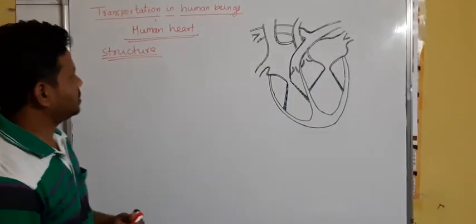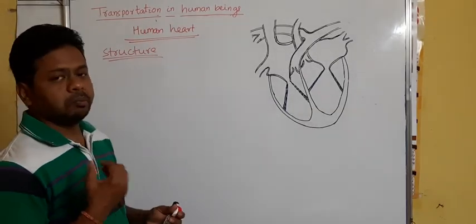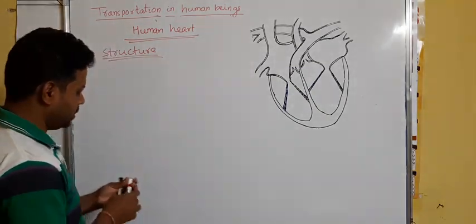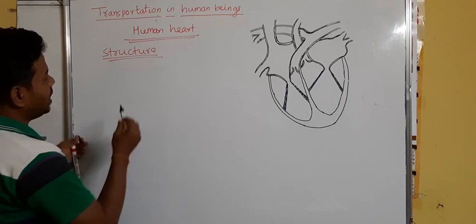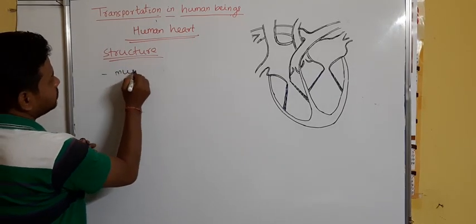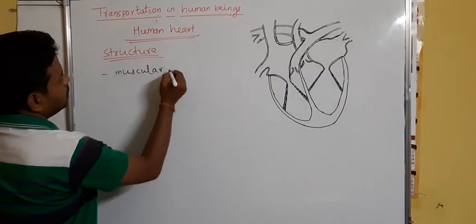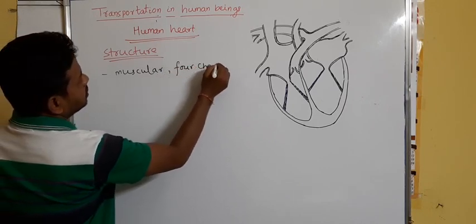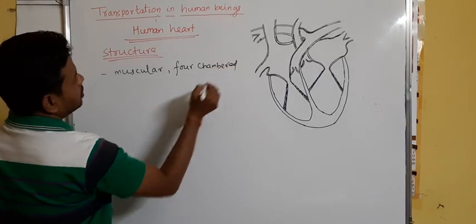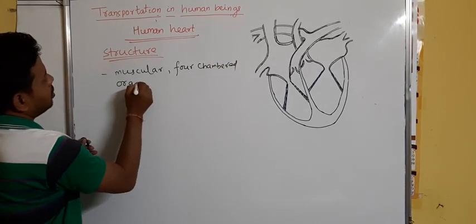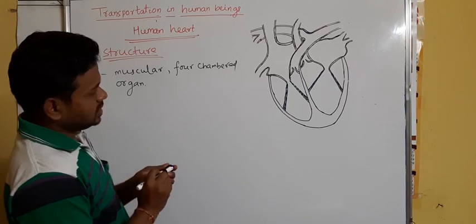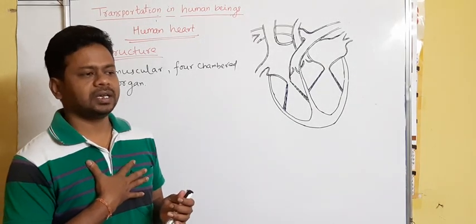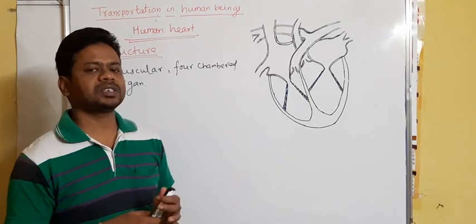The human heart is a muscular, four-chambered organ, which is normally present in our chest cavity, slightly towards the left.